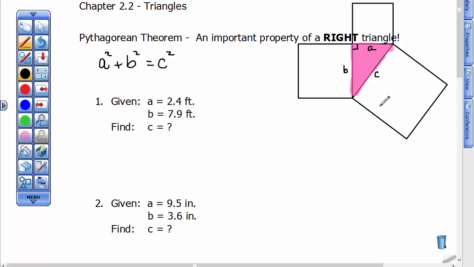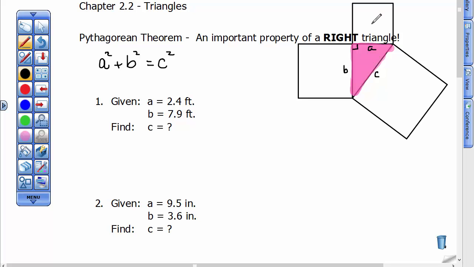What I'd like to try to show you is an example of possibly how Pythagoras initially did this. Pythagoras might have done this with a sketch, probably in the sand. What I've drawn here is a right triangle with 3 squares off of each of the sides.